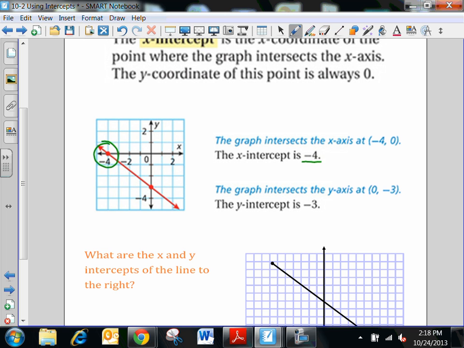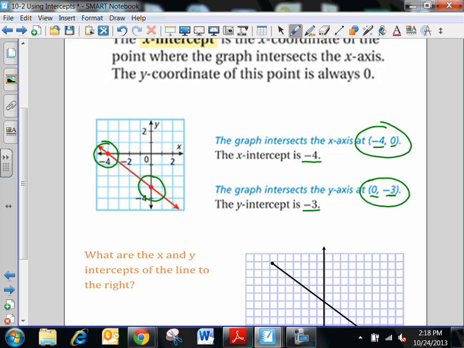Another way to say that is (-4, 0). And then here is the y-intercept, because it's where it crosses the y-axis. We say it's (0, -3). Notice that when the y-intercept is there, you have a 0 for x, and when the x-intercept is here, you have a 0 for y.